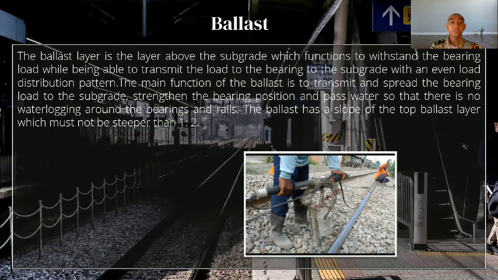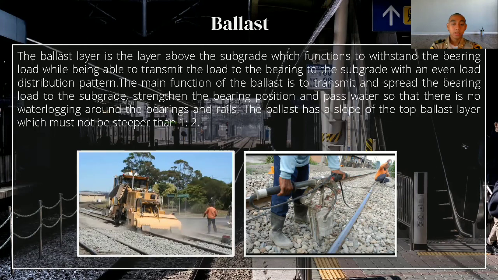The main function of the ballast is to transmit and spread the bearing load to the substrate, strengthen the bearing position, and pass water so that there is no waterlogging around the bearings and rails. The top ballast layer slope must not be steeper than 1 to 2. And this is a picture of ballast.